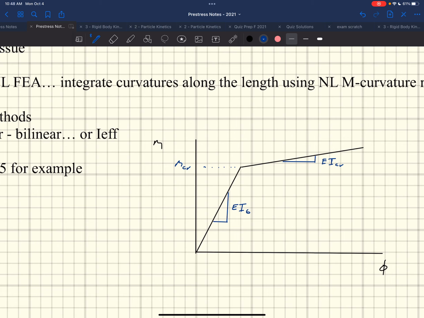Right, so you calculate your deflections before it cracks. This is why it's bilinear. You calculate the deflection before it cracks, that's before you get to the moment of Mcr. And then you calculate your deflections with the load that's after cracking using a different EI. The EI obviously is going to be lesser up there, right?